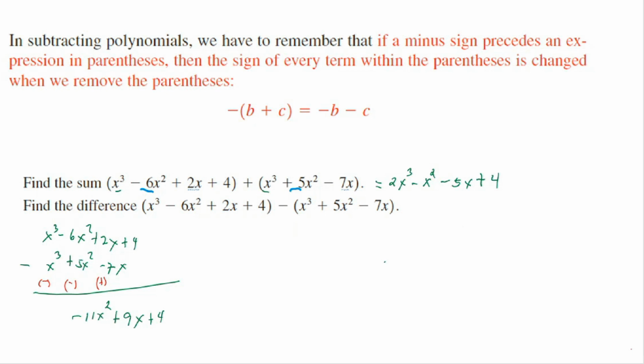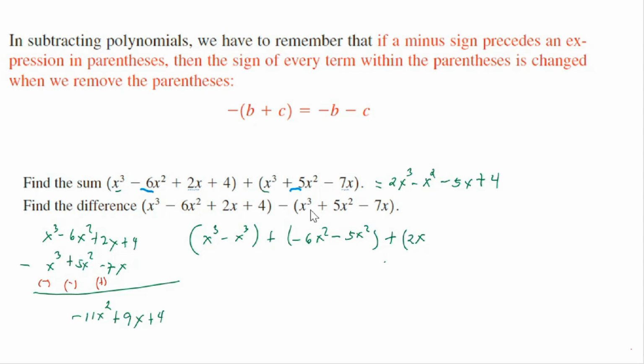Okay, so another method for solving this one is to use somewhat of a horizontal method. So I will write there x cubed minus x cubed, and then plus negative 6x squared minus 5x squared, plus 2x.